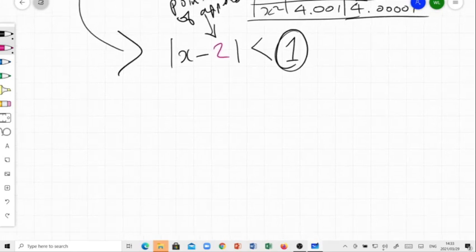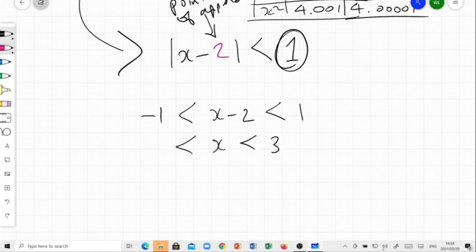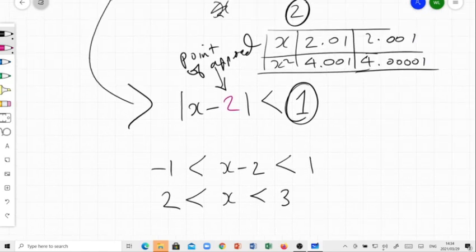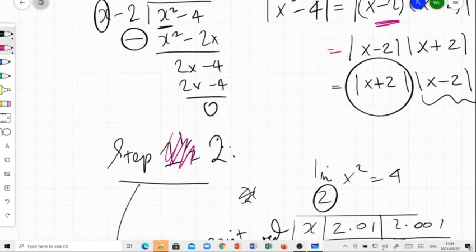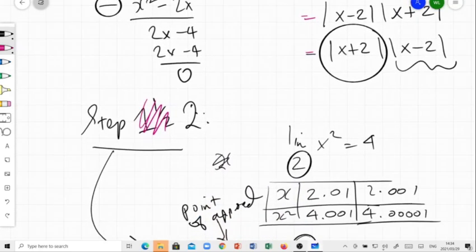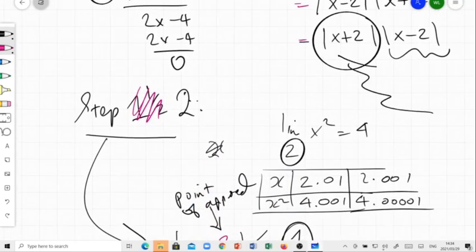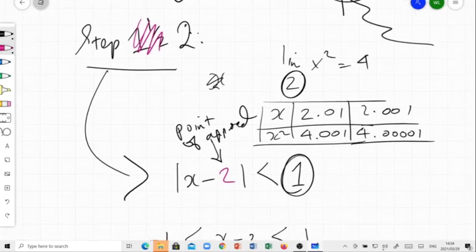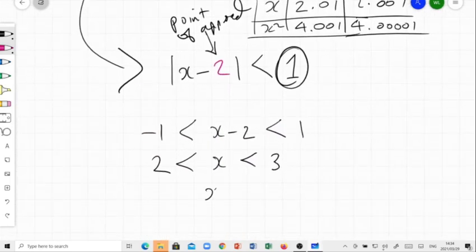Now what this means is that x minus 2 is between 1 and minus 1. And I add 2 on both sides, so it's between 1 and 3. Now you see what is causing all this mayhem is the quantity x plus 2, the troublemaker.